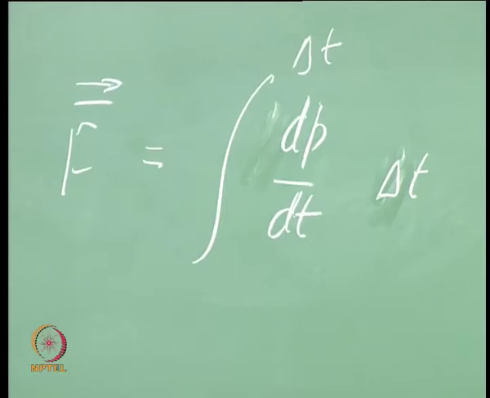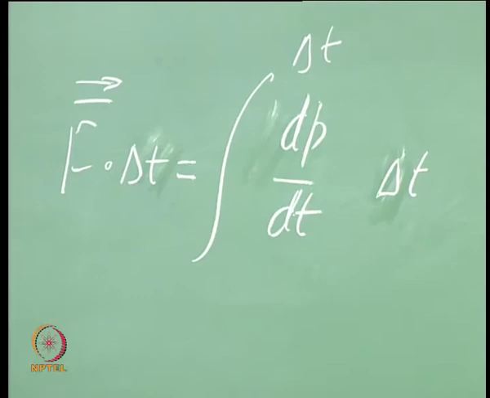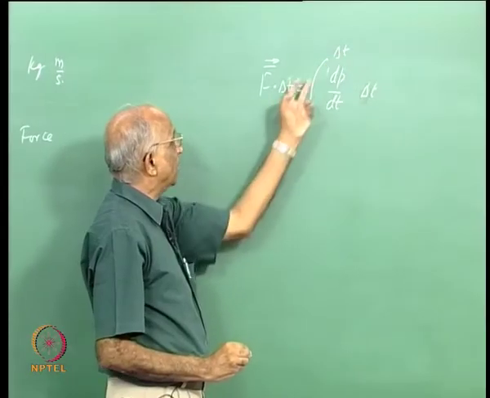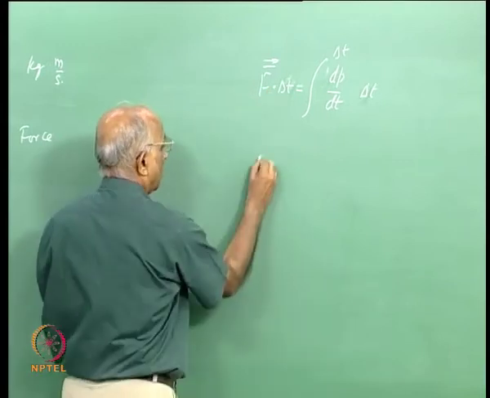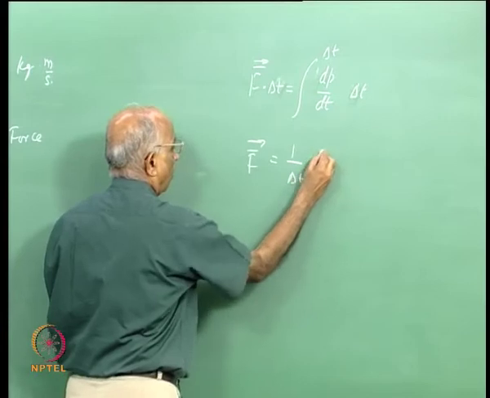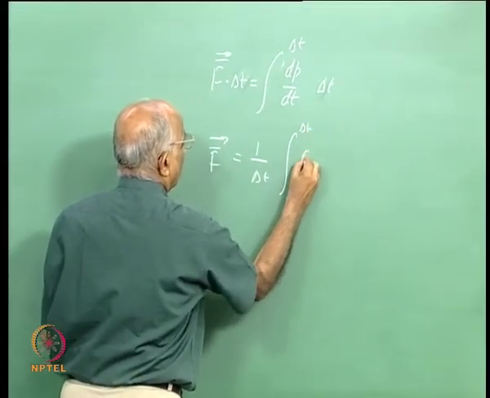That means I must also divide by delta t. That is, the rate of change of momentum averaged over a period of delta t is what is force, or rather F bar is equal to 1 over delta t of the integral of what I have written here over delta t.